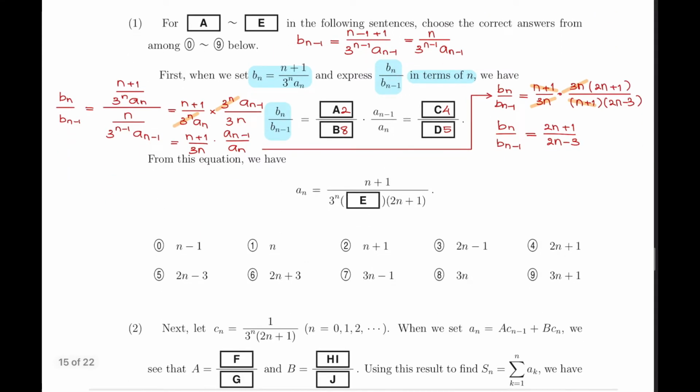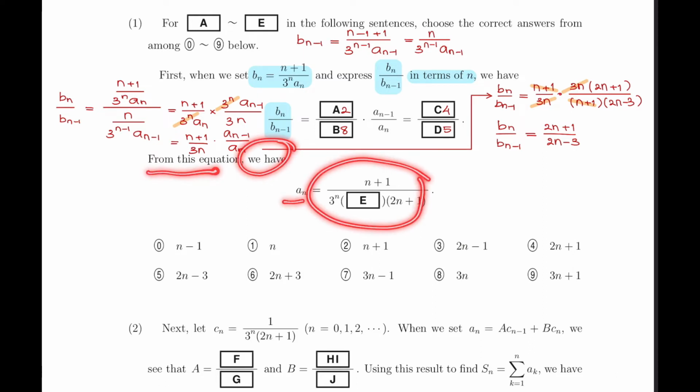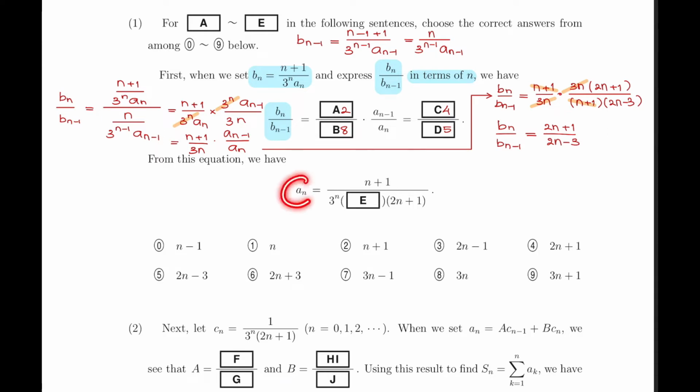And then from these equations, we have an equals to blah blah blah. So now we want to find what is an. What is an? They already tell us that an can be found from these expressions, which is an is n plus 1 over 3 to the power of n times bn.